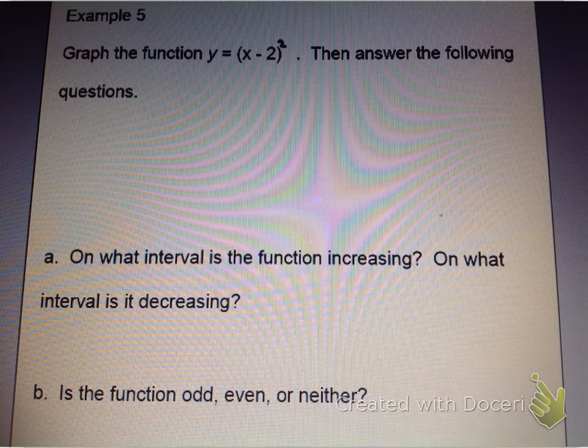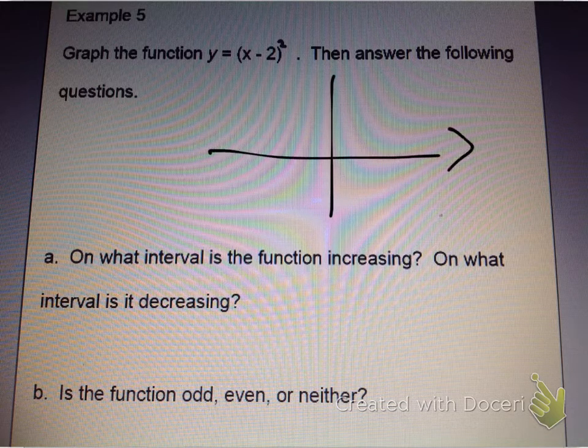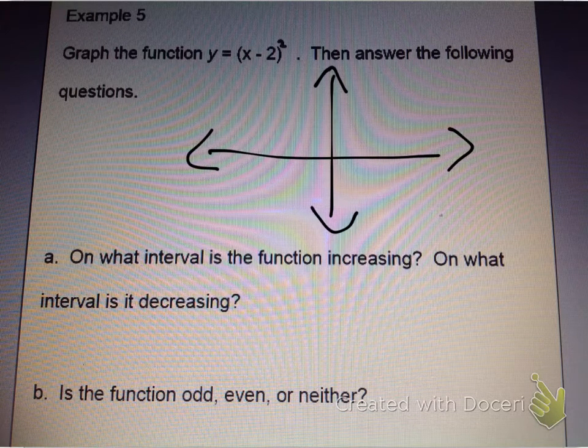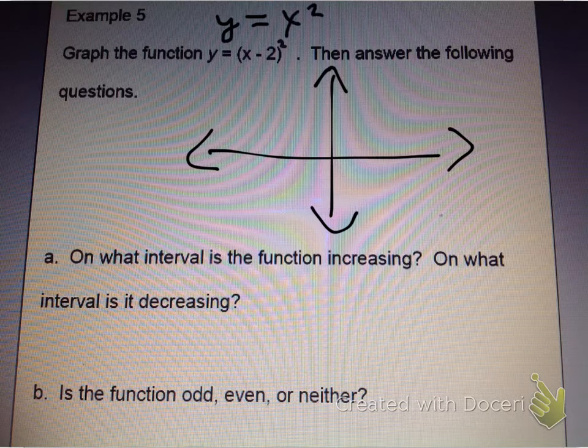In example 5 now, we're asked to graph the function y equals the quantity x minus 2 squared, then answer the following questions. Let's make a quick sketch. The parent function here is just y equals x squared, and that graph is going to look something like this.